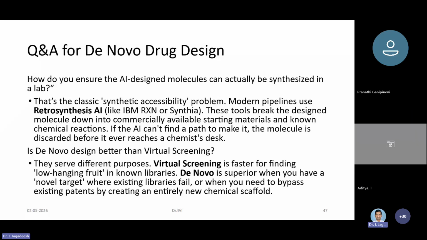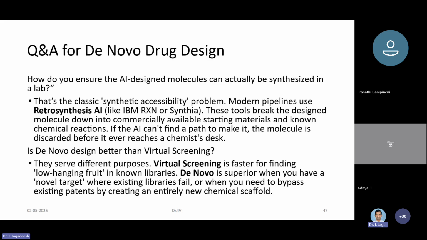It means the computer is suggesting the drug structure, and it is also giving a pathway to synthesize it. If the AI can't find a path to make it, the molecule is discarded before it ever reaches the chemistry desk. This is the one we need to do.